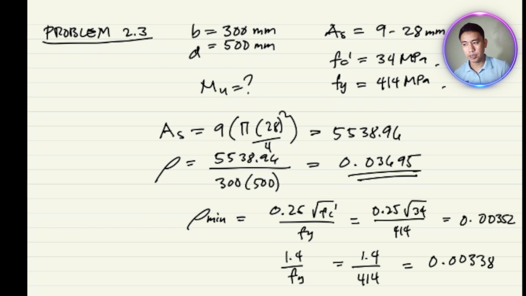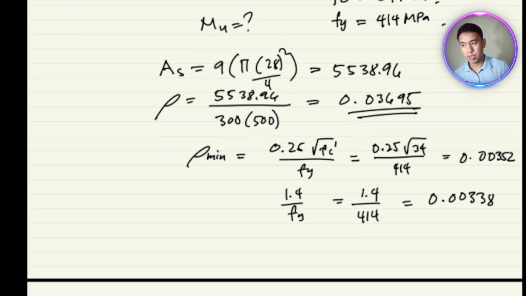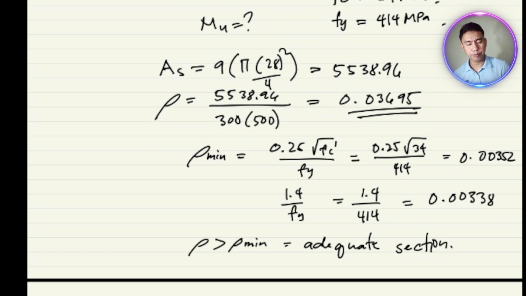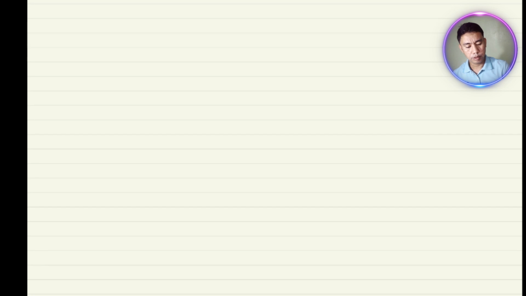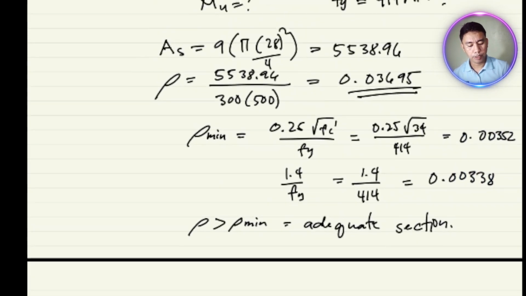So this one is, rho is greater than rho minimum. That means this one is adequate section. Anong ibig sabihin? Meaning pwede siyang, we can go through with the design, with the calculation.